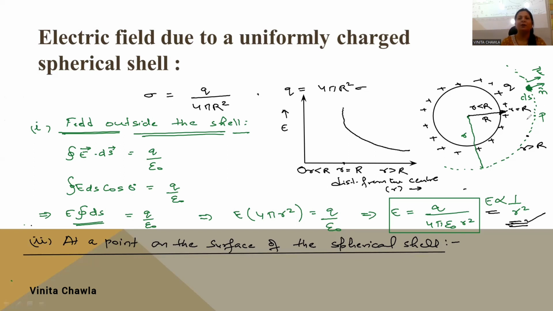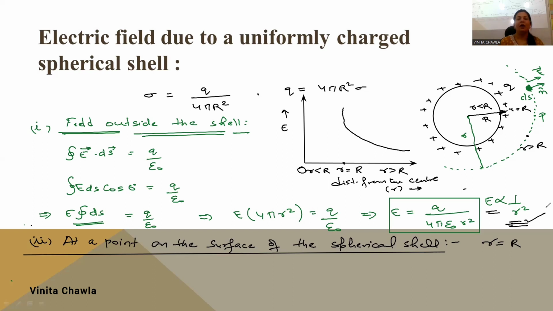If this point P lies on the surface, then our small r is equal to capital R. We'll draw the Gaussian surface where the point is. Now we want to find the electric field intensity on the surface of the spherical shell. So small r becomes capital R.